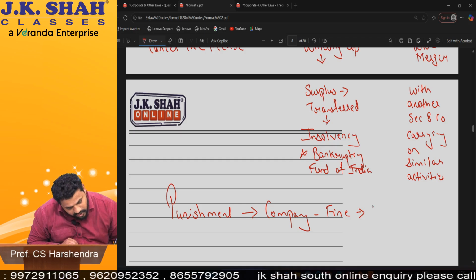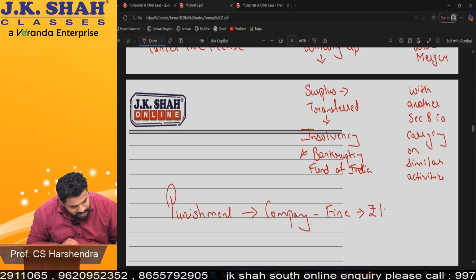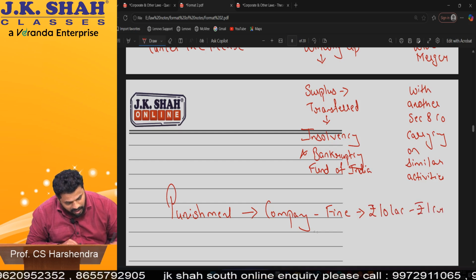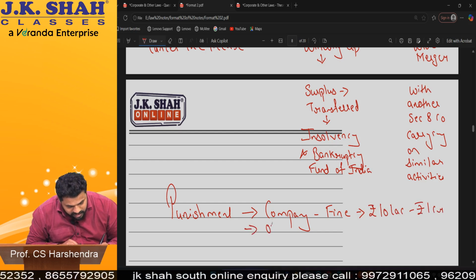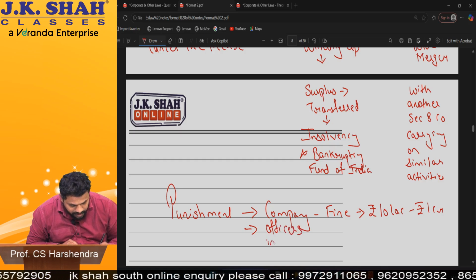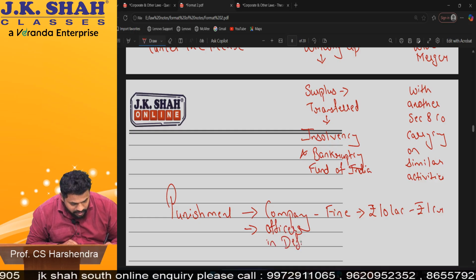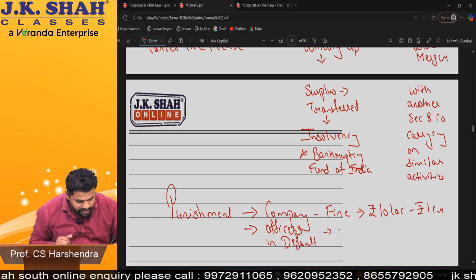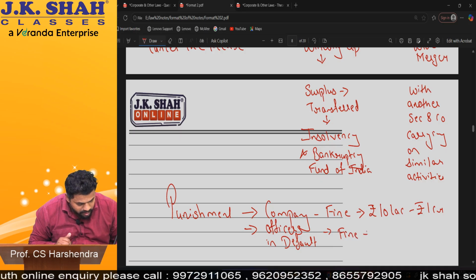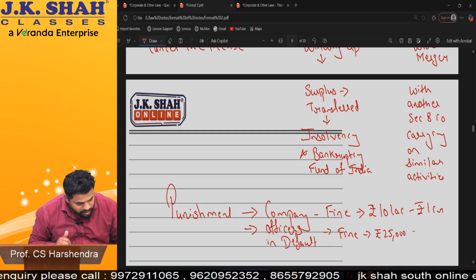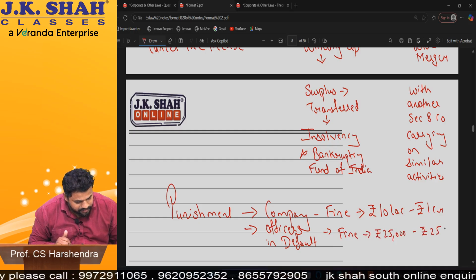The fine on the company is rupees 10 lakh to rupees 1 crore, and on officers in default who were involved in non-compliance, a fine of rupees 25,000 to rupees 25 lakh.